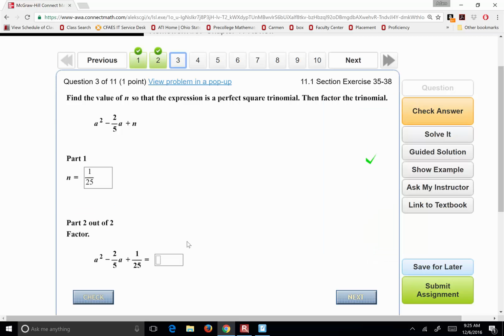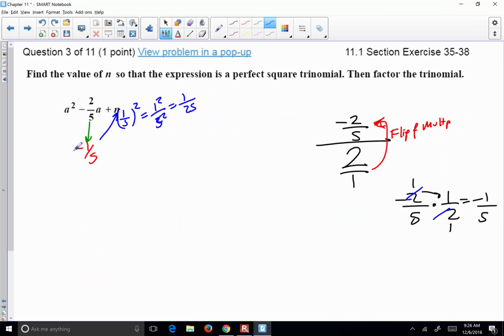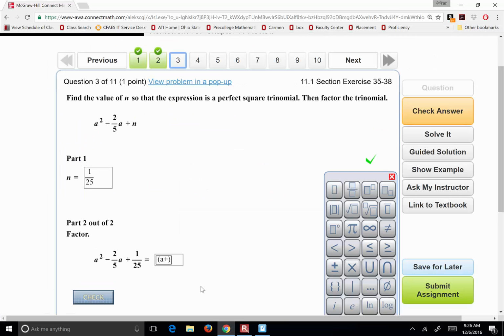Okay, what is the completed square? It is a plus this number, 1/5. Am I right? Are we right here?